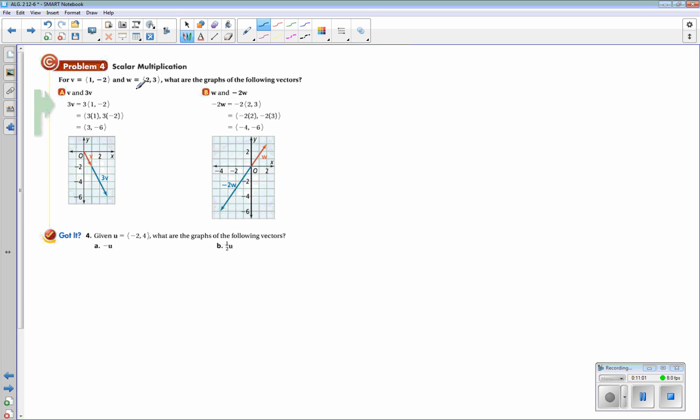All right, scalar multiplication. We are going to multiply our vectors by what it tells us and then graph them. So let me get just a simple graph going.